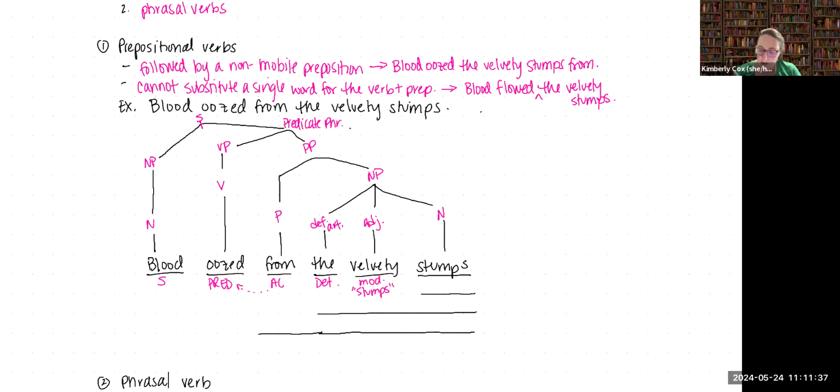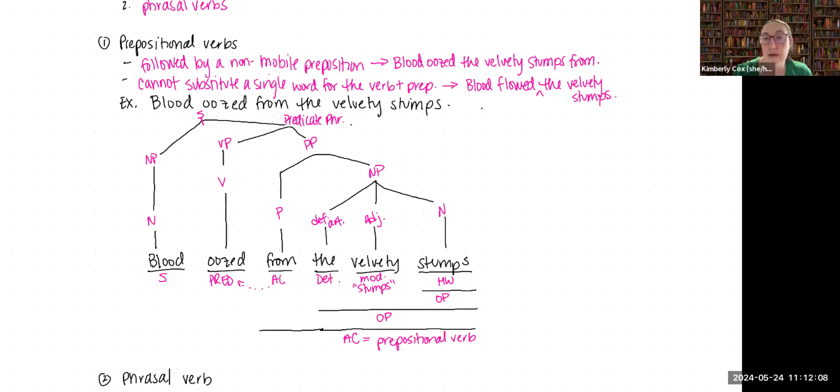Stumps is the head word of our noun phrase. It's the object of the preposition. The velvety stumps, the whole thing is the object of the preposition. And from the velvety stumps, the whole thing is an adverbial complement. But it is specifically an adverbial complement that relies on a prepositional verb. Okay. So this is how you can tell.